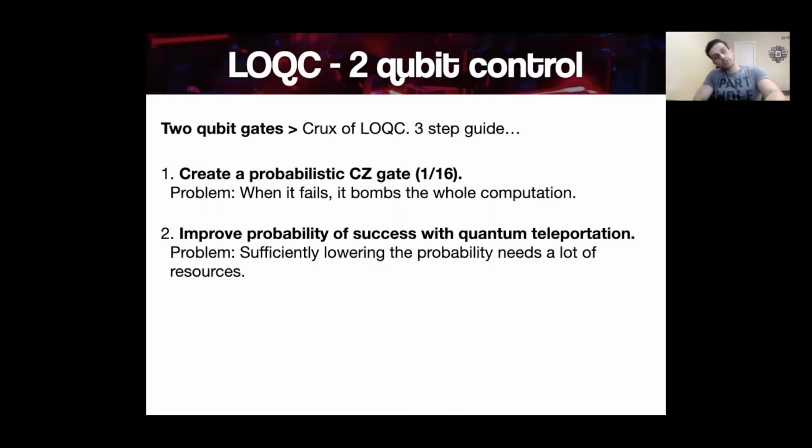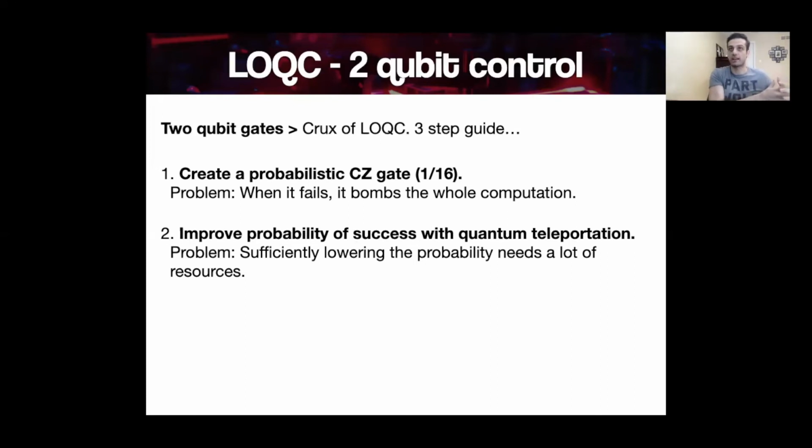However, we can improve the probability of success with quantum teleportation, and I'll go over quantum teleportation briefly for those who didn't take 710. The idea is we want to use teleportation to take this problem of creating a probabilistic controlled Z gate during the computation to a problem of creating it before the computation.